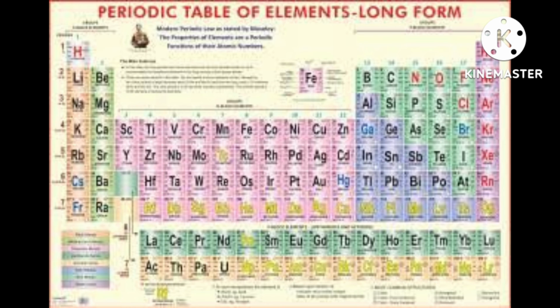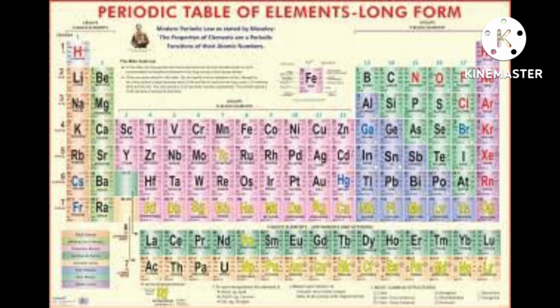At the bottom of the periodic table, this is written, and these 14 elements are called the actinide series. Correct? This I have told you about the lanthanide and actinide series. Again I will come separately with a special focus.